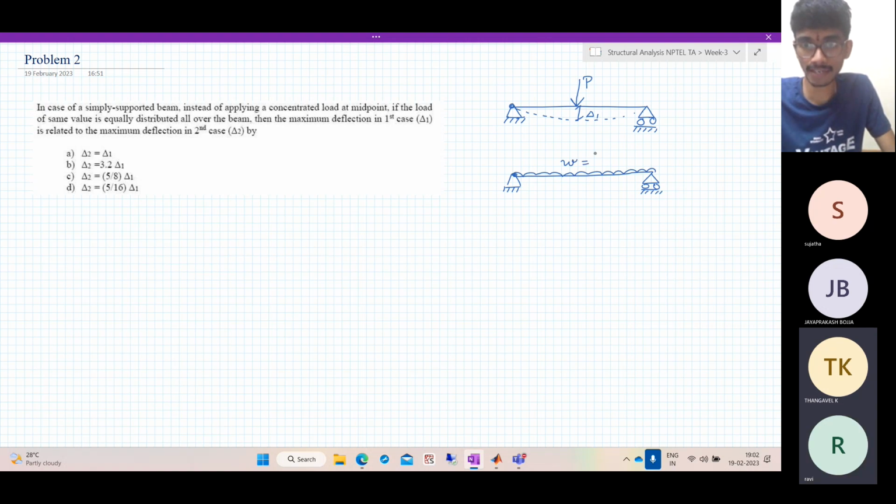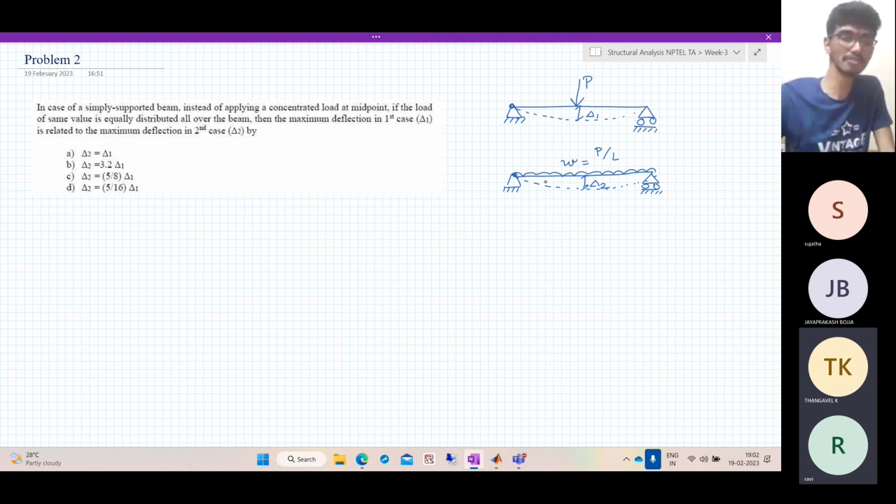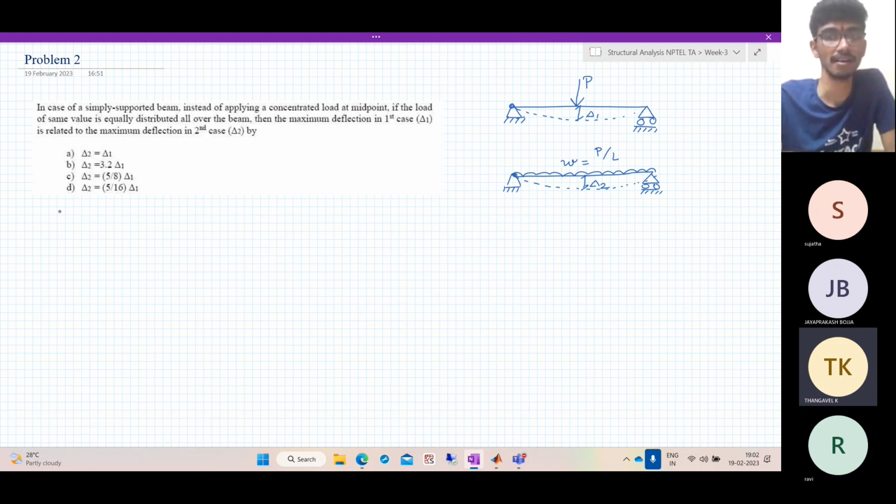So how much is the load magnitude? It should be P by L. And then it deflects by an amount delta 2. Now what is the relationship between delta 1 and delta 2? Let us use any one of the methods to find the deflections.